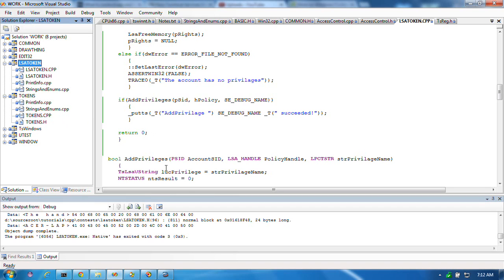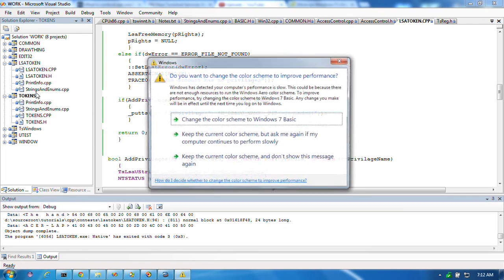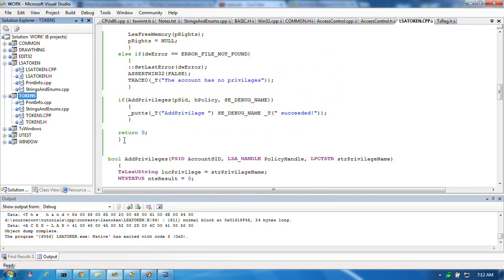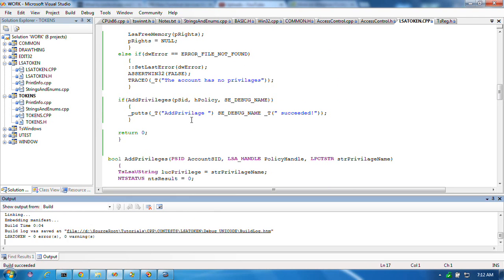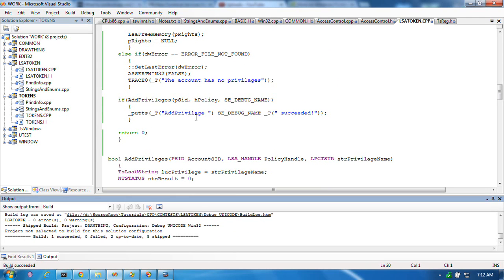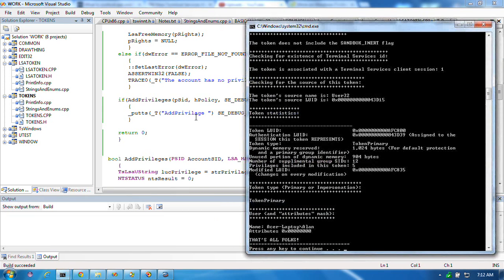Now, where to begin? This is that tokens thing from before. Still runs, I hope.